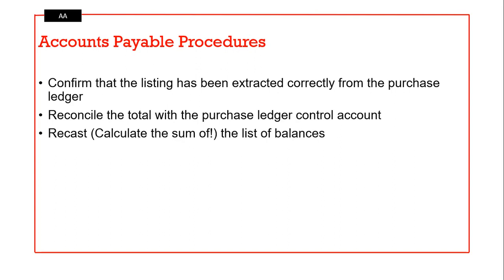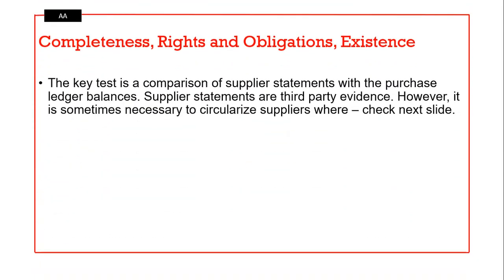You need to check that there's been reconciliation between the ledger accounts and the control account. You need to recalculate the sum of the list of balances to ensure accuracy. And under completeness, rights and obligations, as well as existence, the key test is a comparison of supplier statements with the purchase ledger balances.